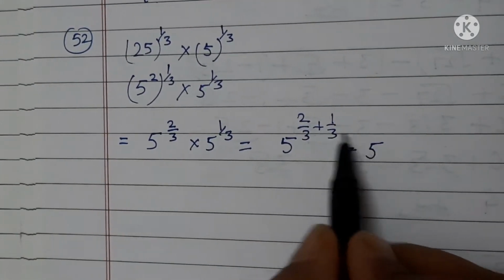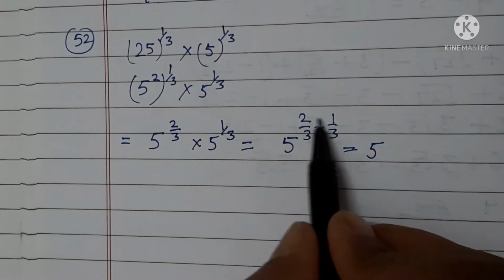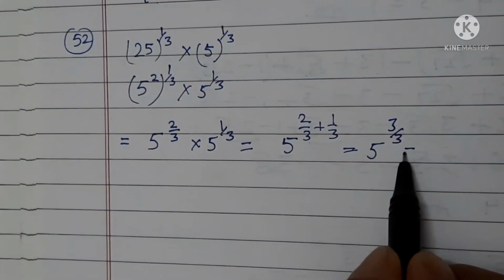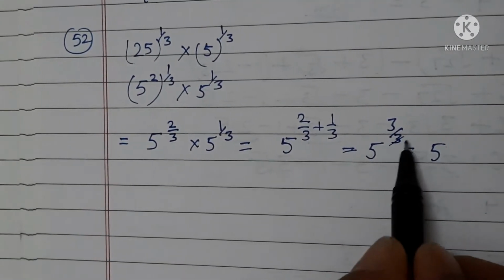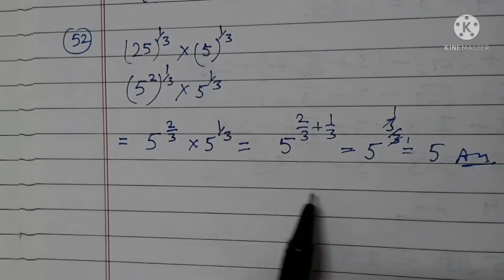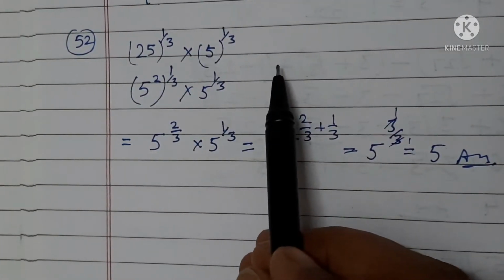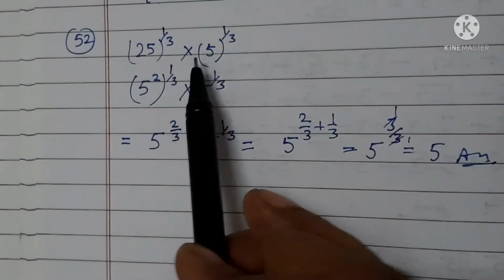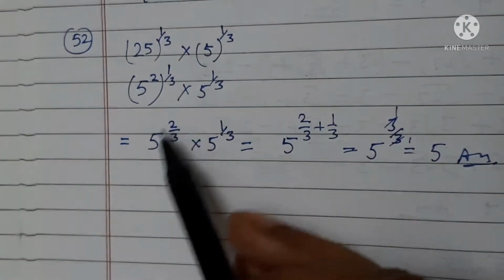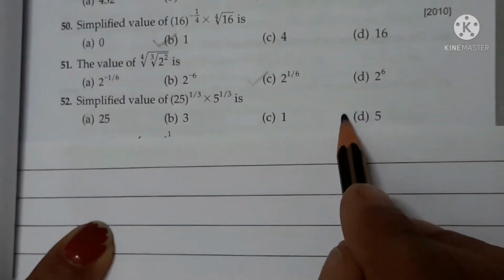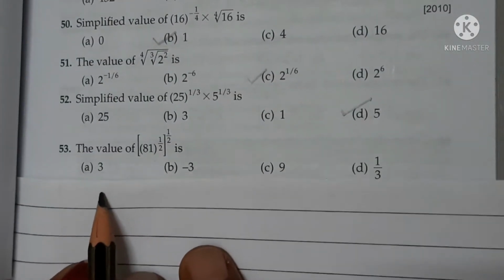Denominators are same, so add the numerators, 2 plus 1, 3, 3 upon 3. This becomes 5. Answer. Now don't show here laws of exponent because these are objective questions, so do it quick. Tick the option D.